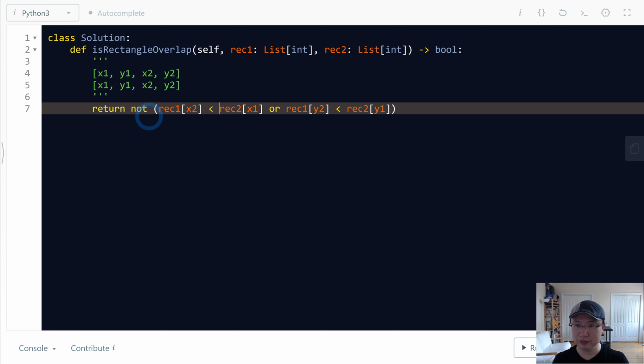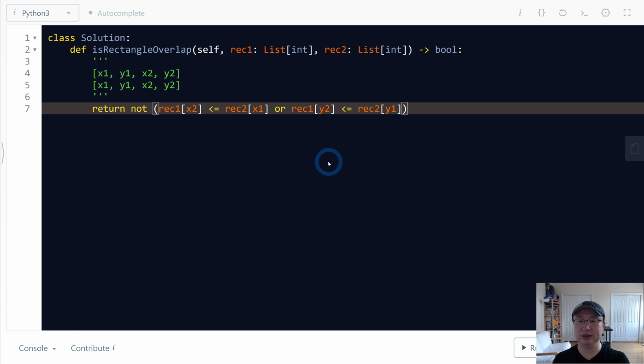And from the question, a shared edge is not overlap, so I will use smaller-or-equal.